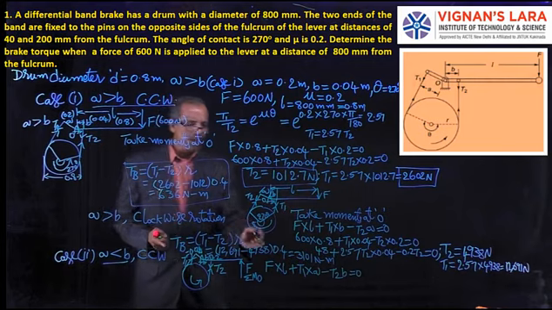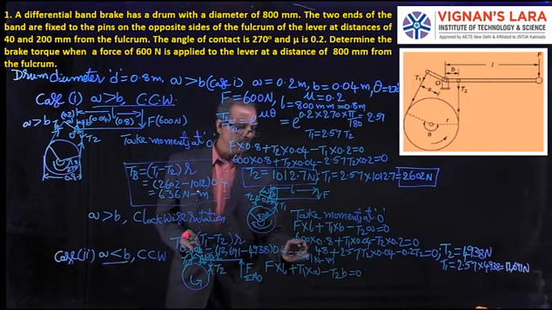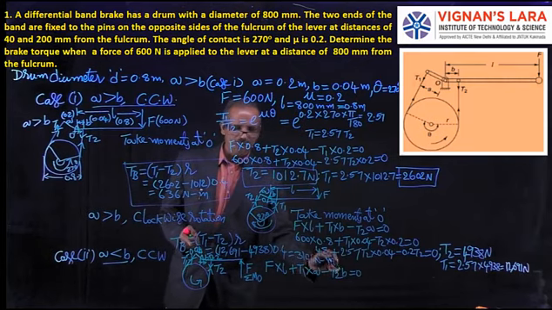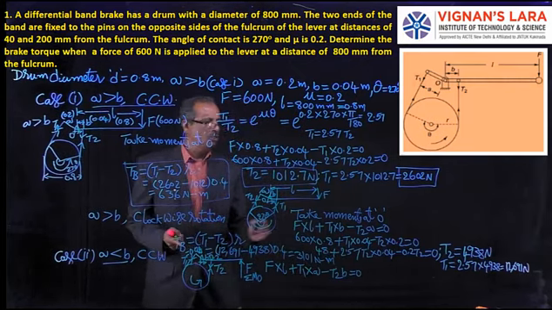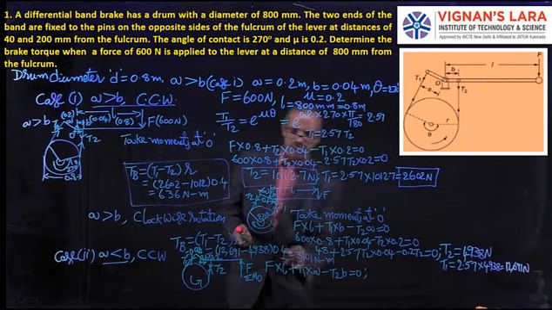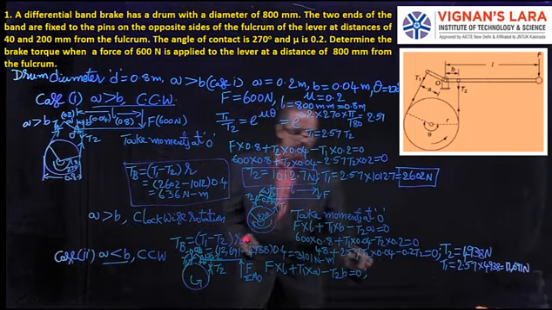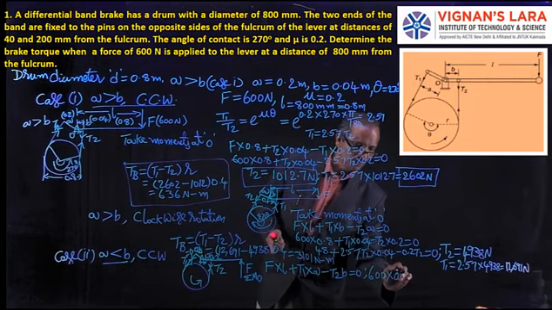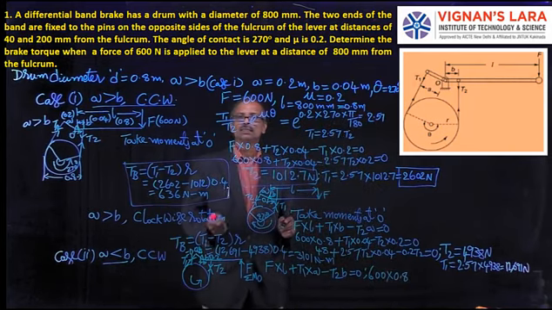You know the values of F and L, and you know the ratio of T1 and T2. Now A value will be 0.04 and B value will be 0.2. So substitute F value 600, L value 0.8.